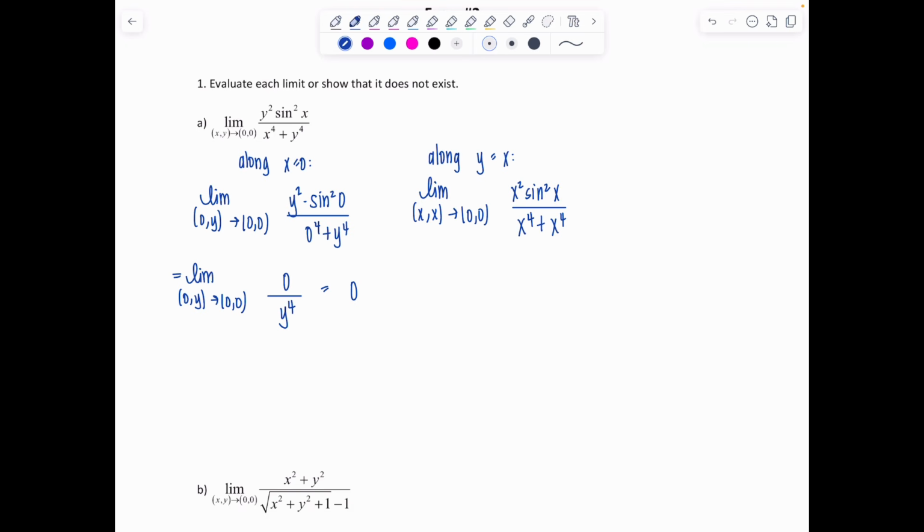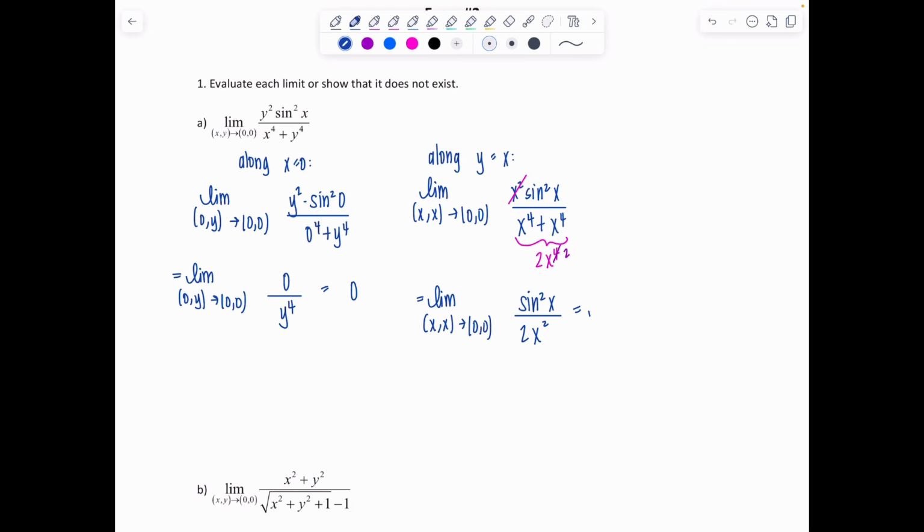Good. So this is 2x to the 4th, which can cancel out two of the x's in the numerator. So then now I have the limit as (x,x) approaches (0,0) of sine squared x over 2x squared.